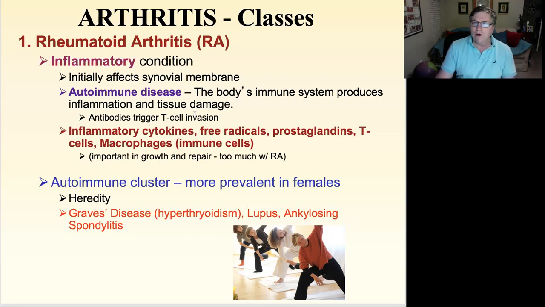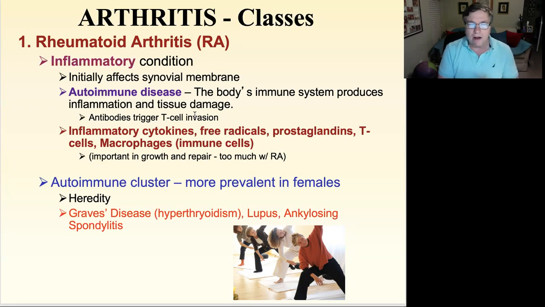One of the things we talk about with cytokines and free radicals, prostaglandins, inflammation, those are needed to stimulate remodeling and stimulate repair. But if they go up and stay up chronically, then that leads to chronic disease, whether it's rheumatoid arthritis, hypertension, heart disease, all metabolic disease, type 2 diabetes.